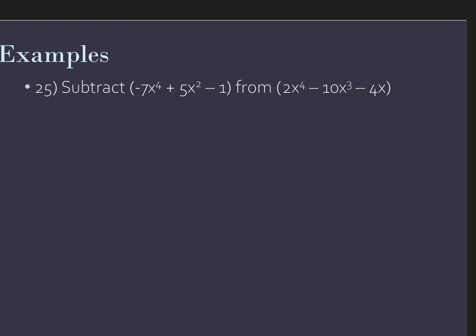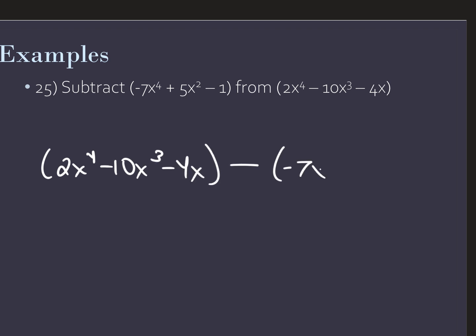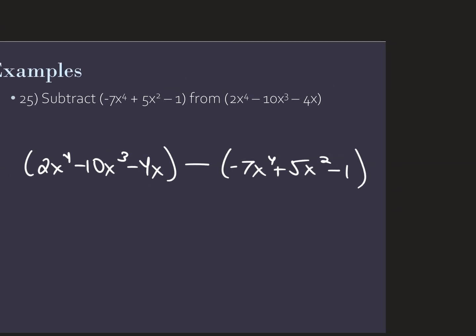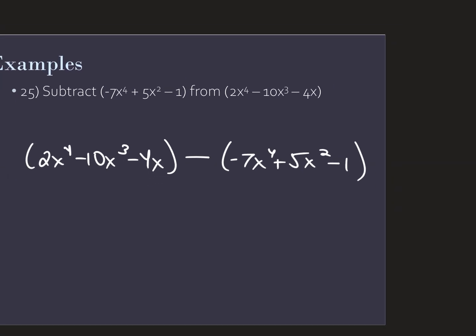Good. The last one. This says 2x to the fourth minus 10x cubed minus 4x minus negative 7x to the fourth plus 5x squared minus 1. Why did I put the second parenthesis in parentheses? Why didn't I just write out what was inside of it?